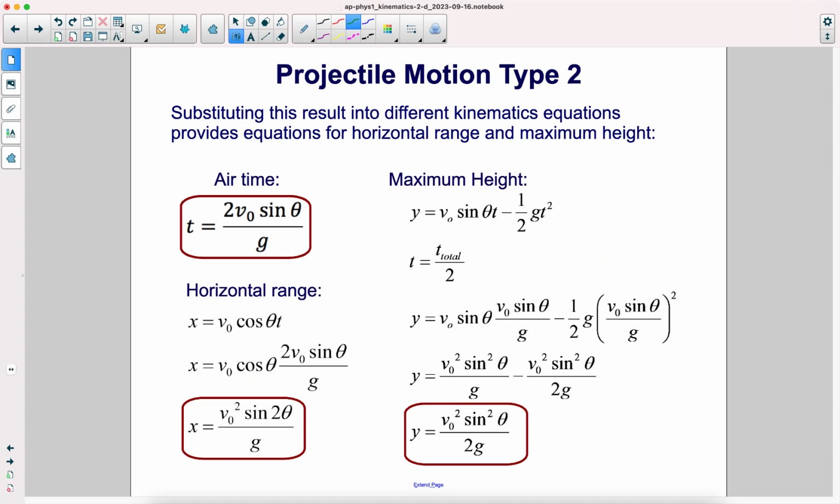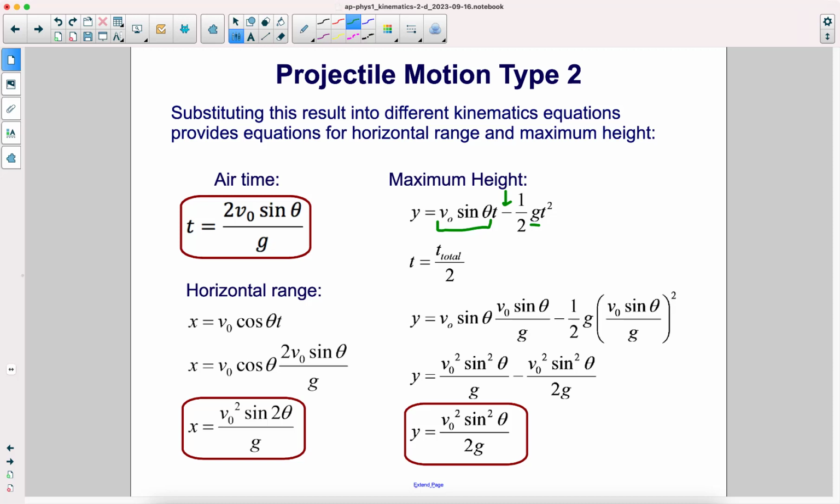For maximum height, you're going to use the second kinematics equation in the y dimension. Now remember, the initial velocity in the y dimension is all of this, v naught times sine theta. We know the acceleration is g, we put that negative sign right here. We know that the time to the very top is the total time divided by 2.